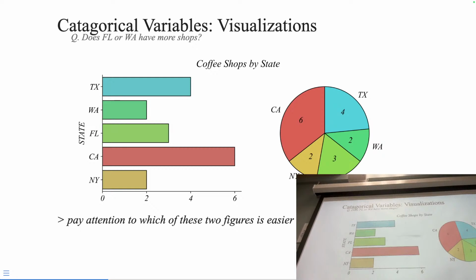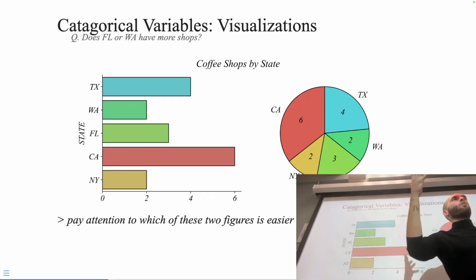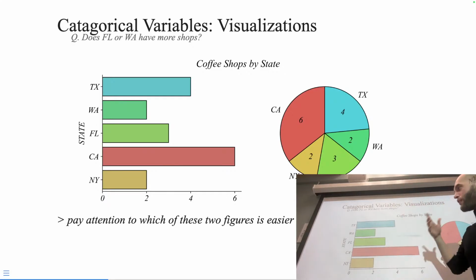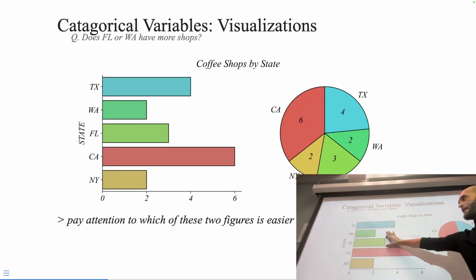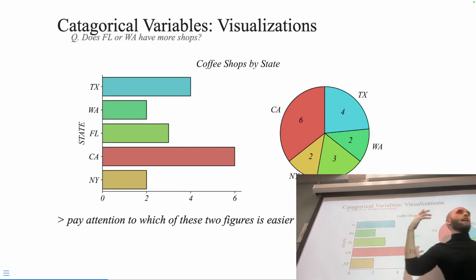So Ira's saying, even though the bar chart seems to be easier to read, one thing in favor of the pie chart is we actually have numbers listed. To answer this question, if you're asking which one of these two states had more, or what the count is for Florida, for example, to find that number we'd have to find Florida, run our eyeballs out to the end here, run down, and then run back up to figure out the count.